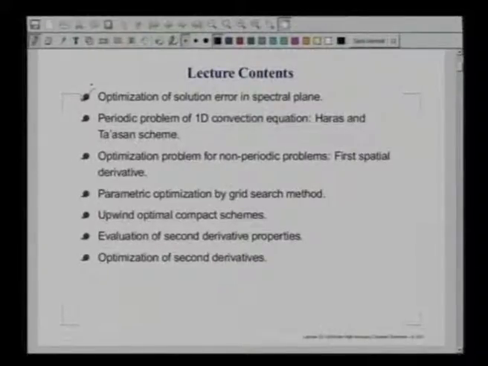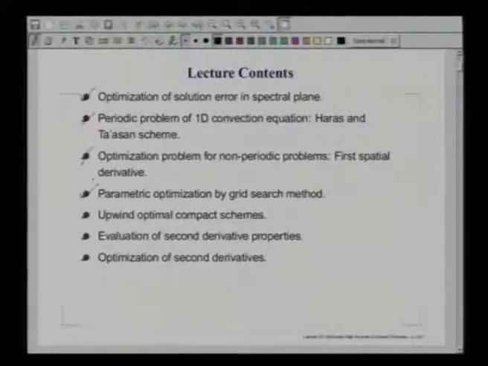We will start off with a gentle problem, a simple periodic problem of 1D convection equation as performed by Haras and Tassan. Once we have understood that part, we will move on to a non-periodic problem involving only first spatial derivatives, and show a particular case where parametric optimization is performed using a grid search method.